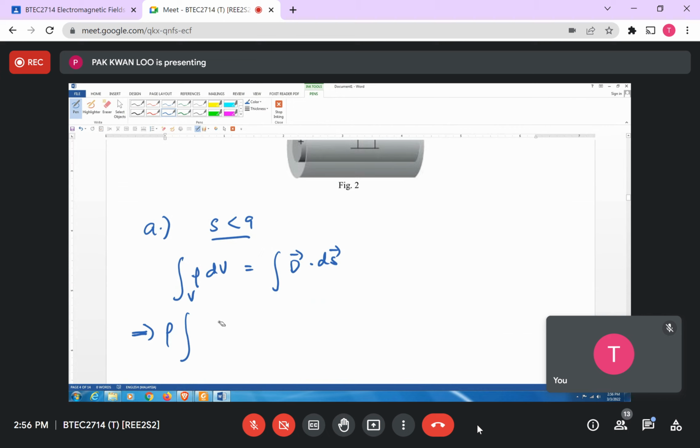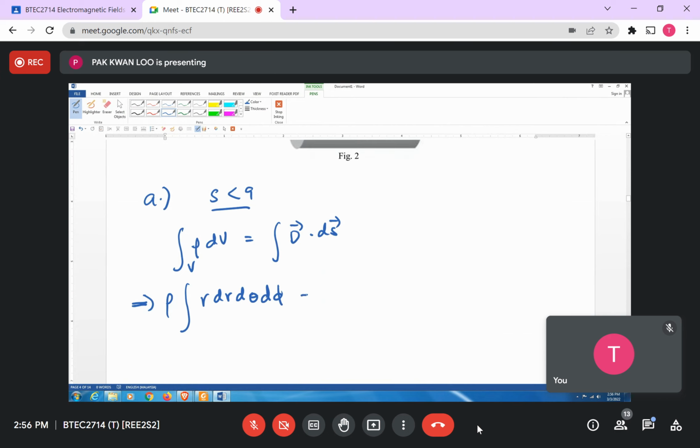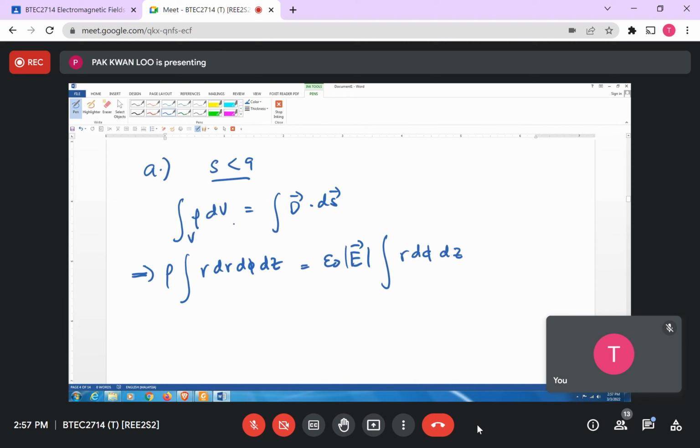So dV is s ds d phi dz. Sorry, there's no d theta, my mistake. This is the volume differential dV.